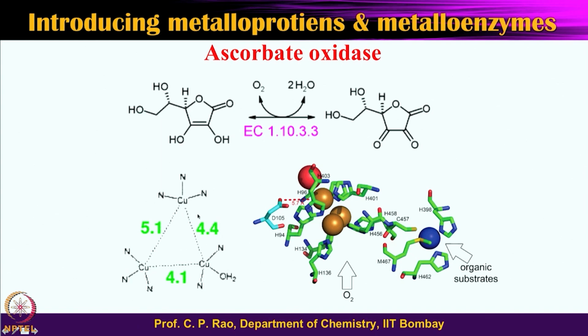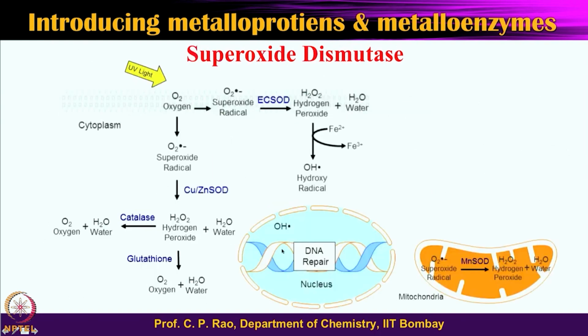Therefore, O2 can be activated between the 2 copper centers of type 3, and then in the end one O can be bridged here, and that is what you can see. That requires the arrangement of the 3 coppers in a very close fashion. So, substrate, organic, electron transfer, this is the kind of redox reaction that happens.